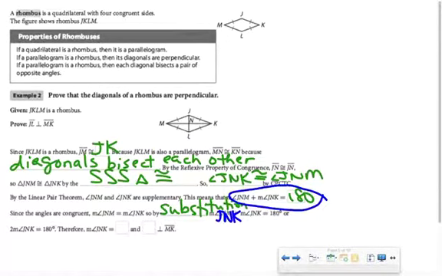So once I've done that substitution, I can combine my like terms to get that 2 times the measure of angle JNK is 180. Therefore, the measure of angle JNK is 90, and JL is perpendicular to MK.